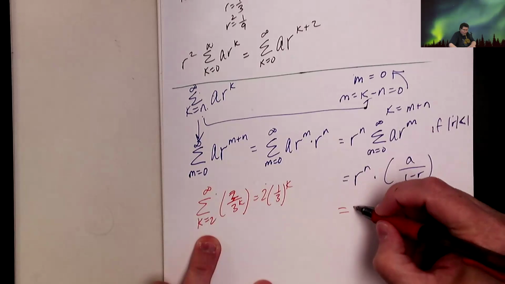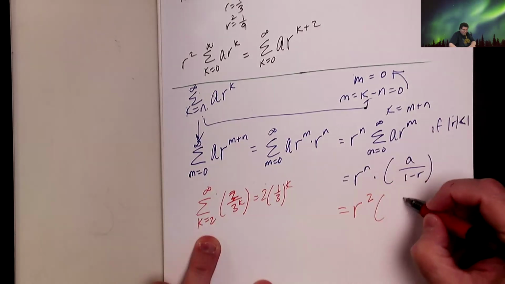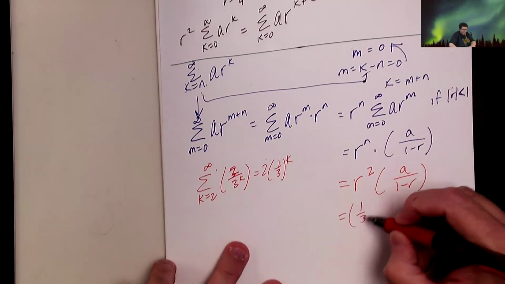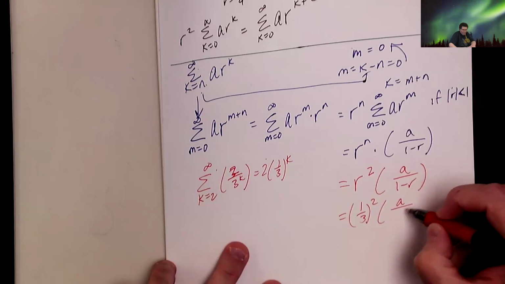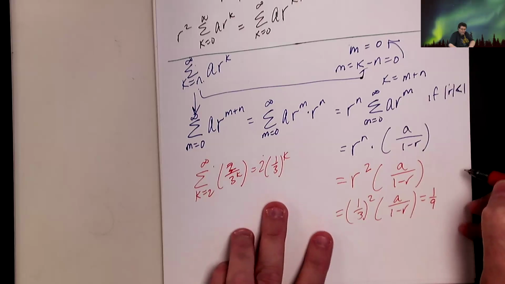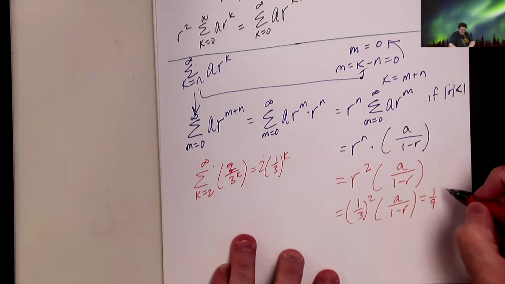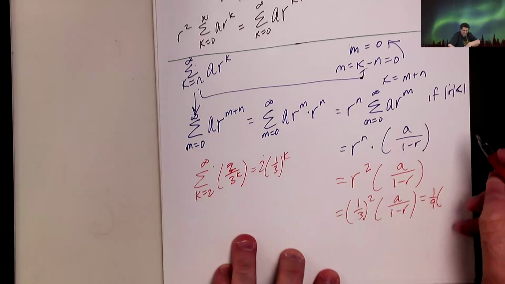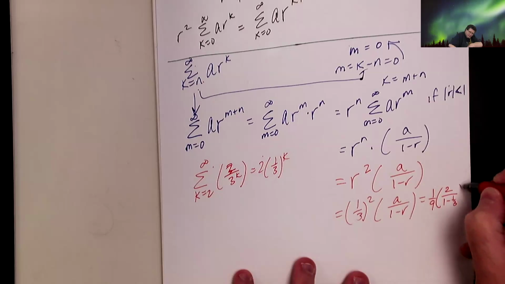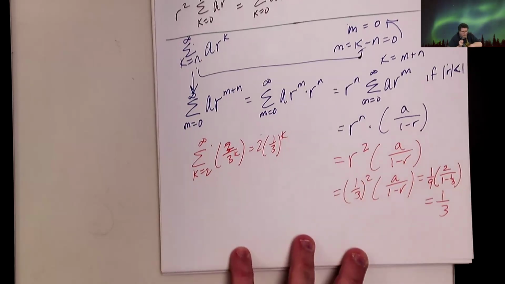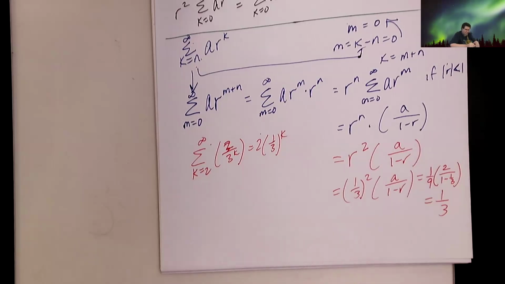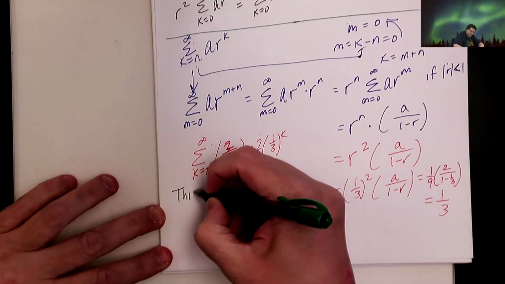I should have r squared times a over 1 minus r, but r was 1/3. 1/3 squared is 1/9 times, what do we have? Oh, 2 over 1 minus 1/3 equals 1/3. So that's a way of doing it without subtracting off. This is an alternate without having to subtract off.